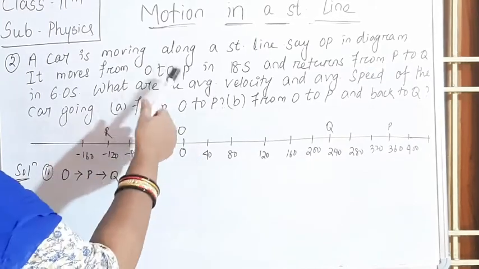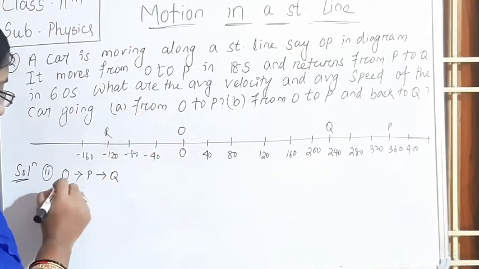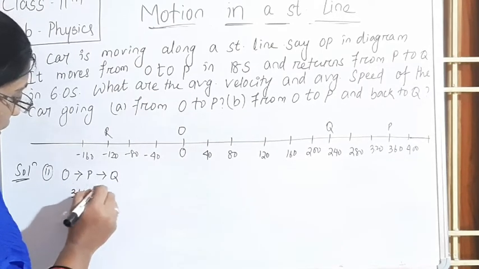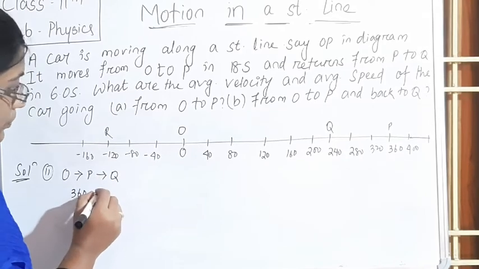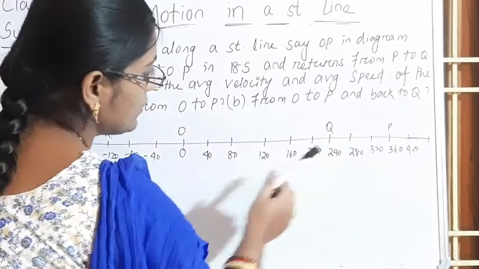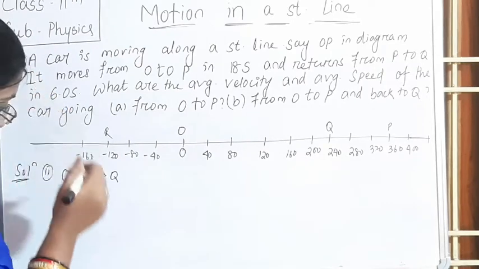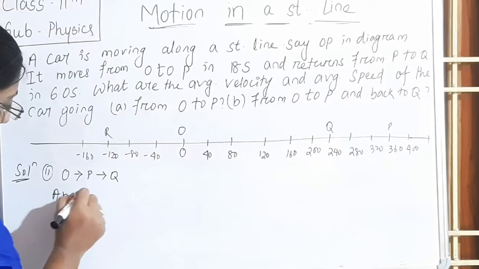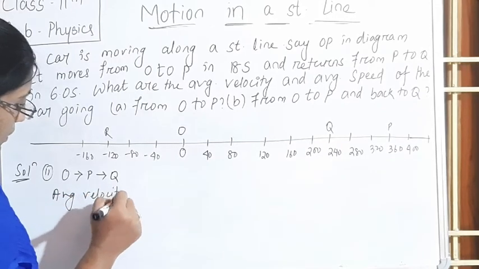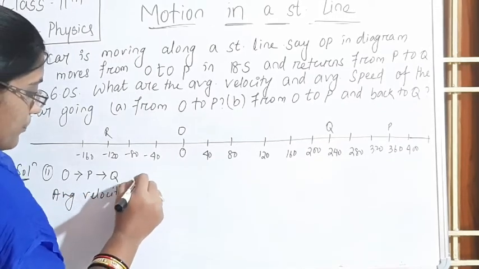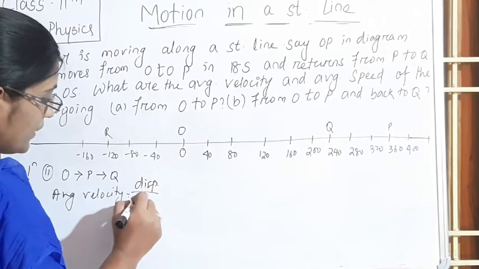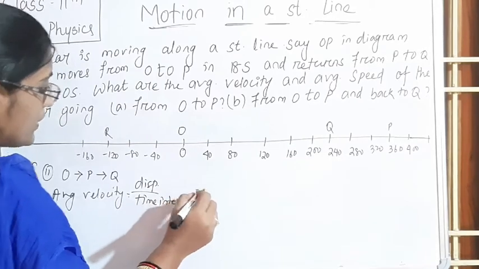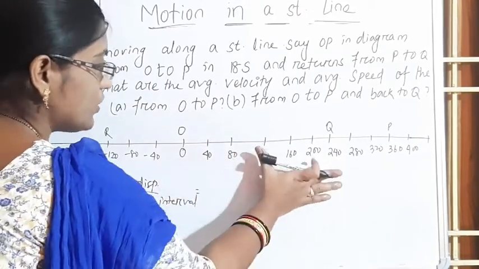Here we have to find the average velocity. O to P, the distance is 360, and P to Q, that is 360 minus 240. Average velocity formula is total displacement by time interval. Displacement is O to Q. This is the shortest path.